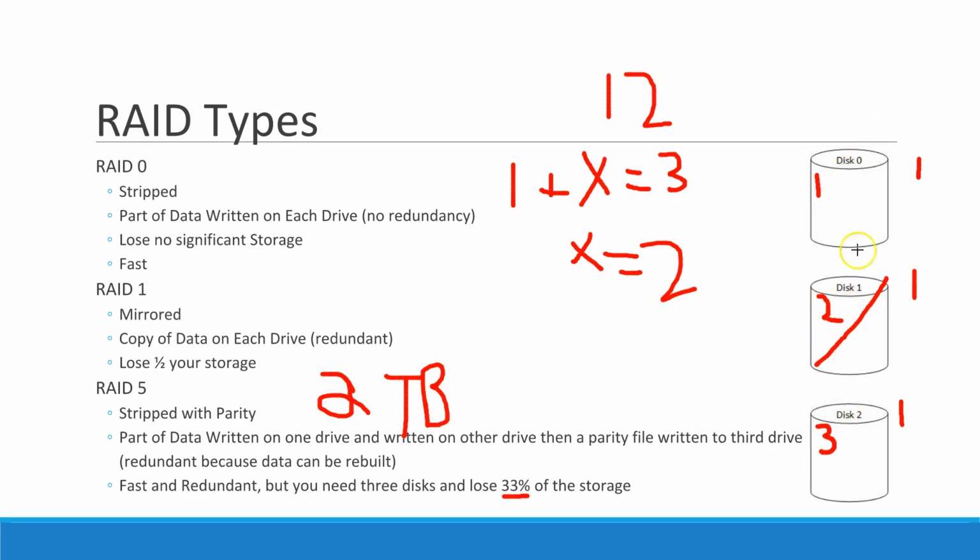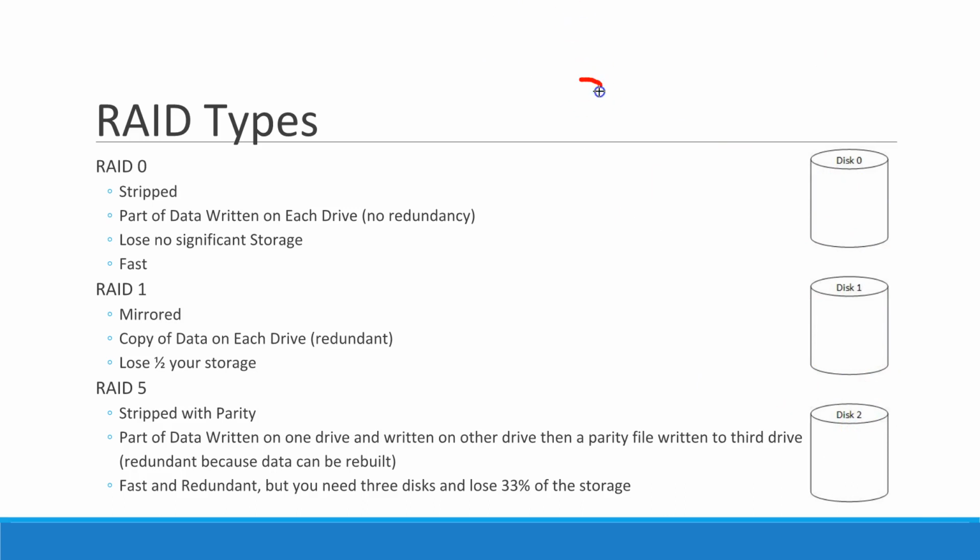In the real world, the parity disk gets rotated, right? So the next time we write a file, let's say we're writing 24. Again, I'm way oversimplifying it. At the end of the day, all data, cat pictures, everything is 1s and 0s, so we can use math. Sorry, let me erase this. If we had 24, we'd put the 4 here, we'd put a 2 here, and I made this the parity drive again.